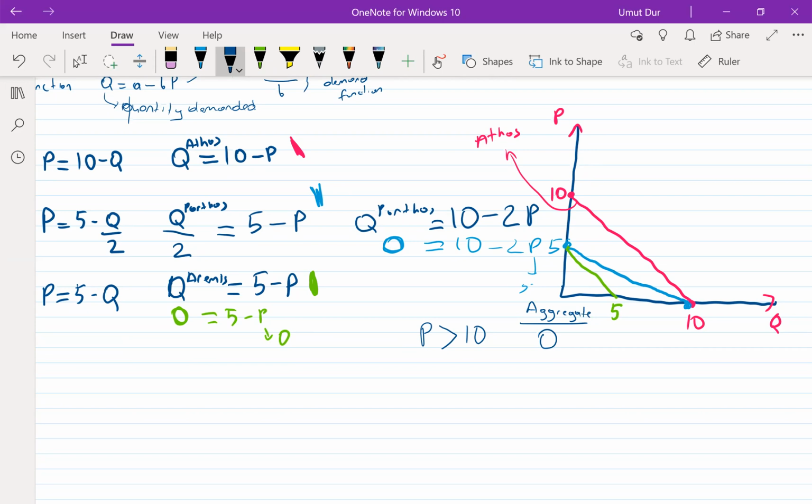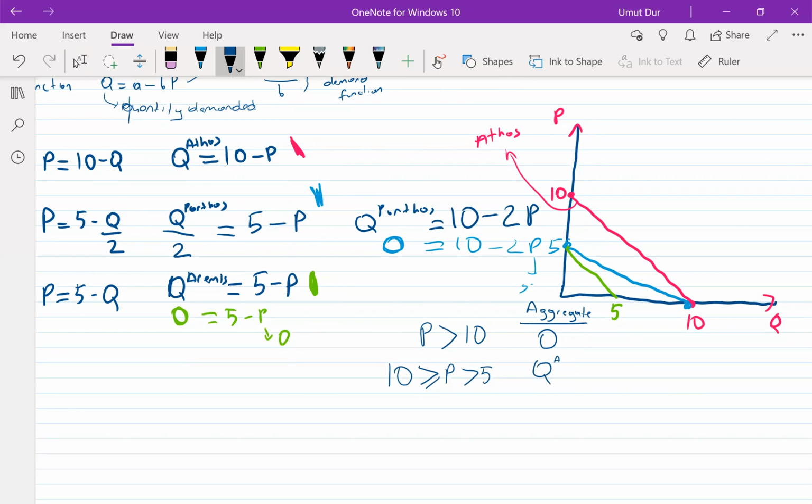So when the price is between 10 and 5, that is, less than or equal to 10 but greater than 5, what is the aggregate demand? You cannot say the exact value, but you can say the demand function here. It will just come from the atos.